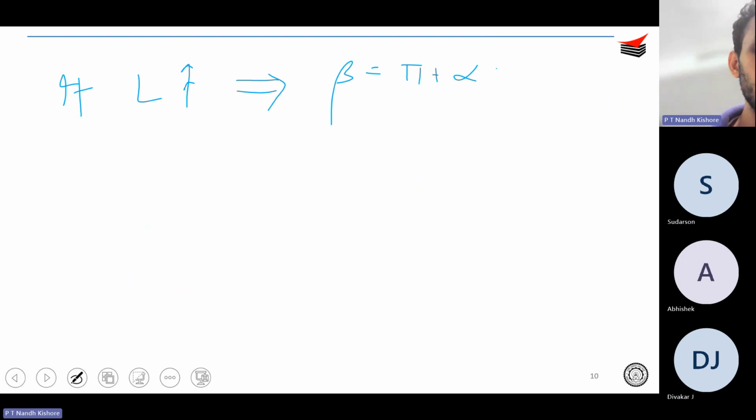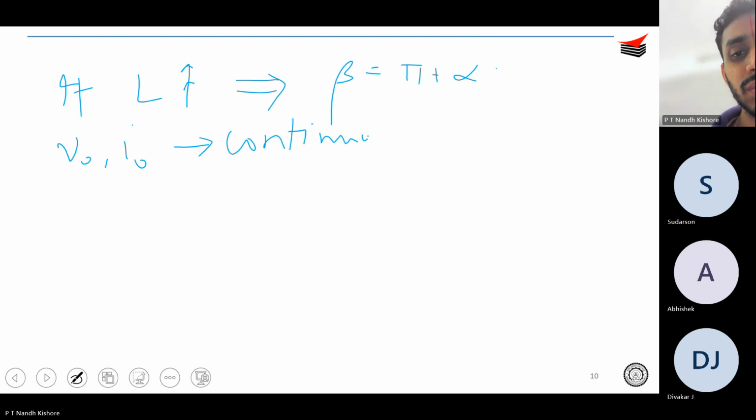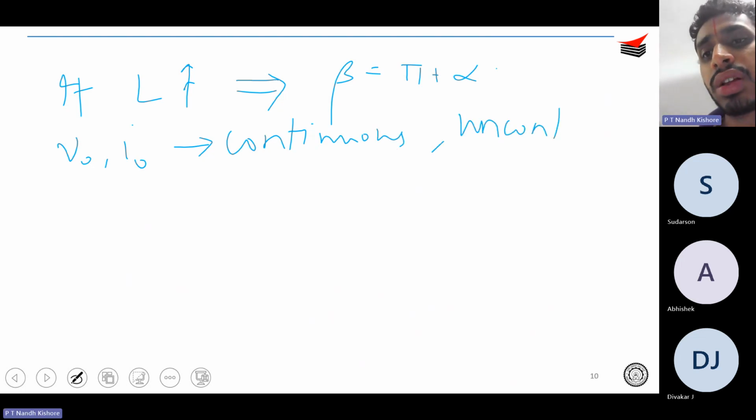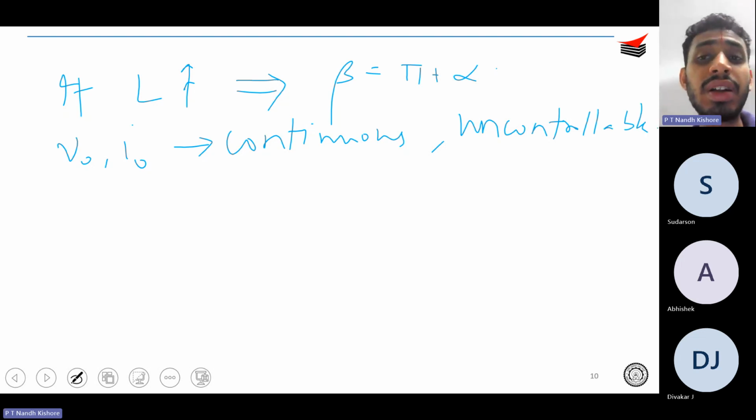In that case, your V naught, I naught are continuous and they are uncontrollable. So the idea is, at what point does the converter become continuous? At what point does the converter become uncontrollable?